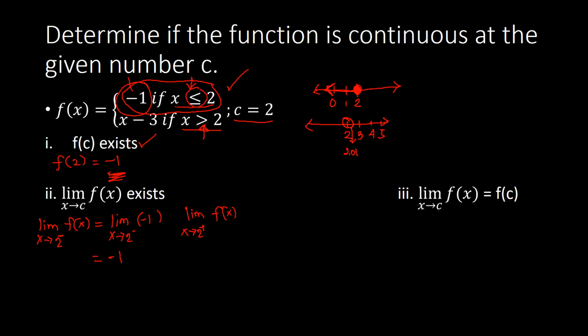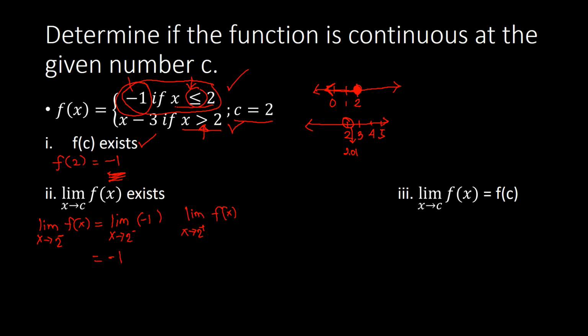Now, going back, the limit that we wanted to check is the limit on the right hand. We are considering values approaching 2 coming from the right side, which satisfies the second domain.